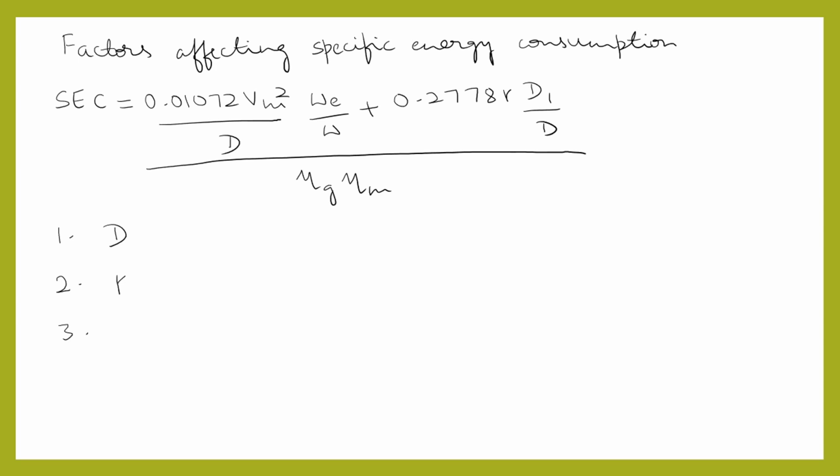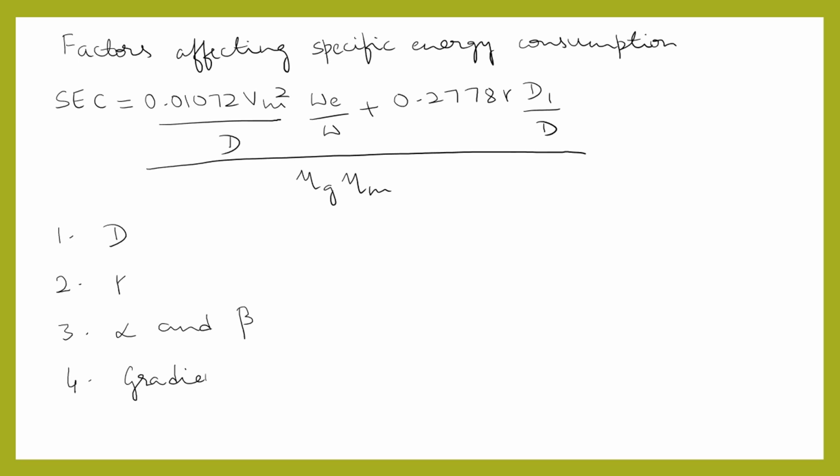Next factor is acceleration and retardation. For the distance D1, the power remains on, which increases with the higher value of acceleration and retardation, which in turn increases the specific energy consumption. Next factor is gradient.